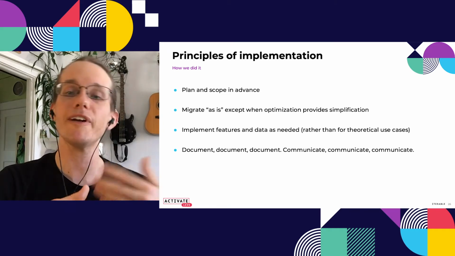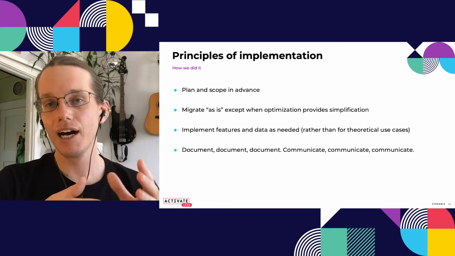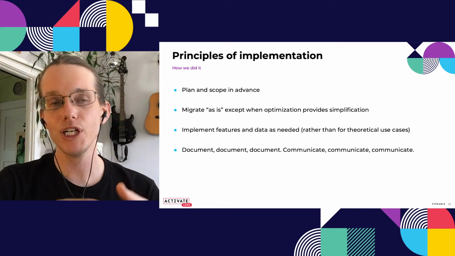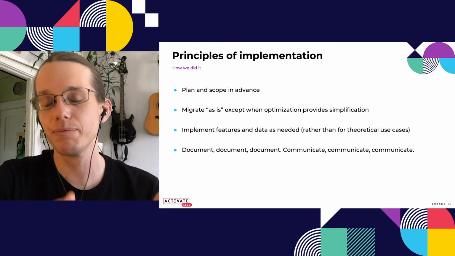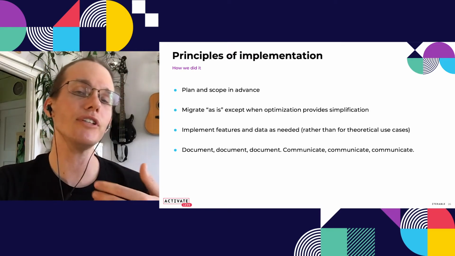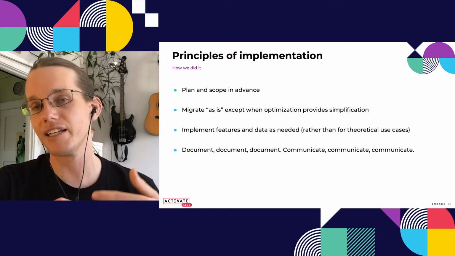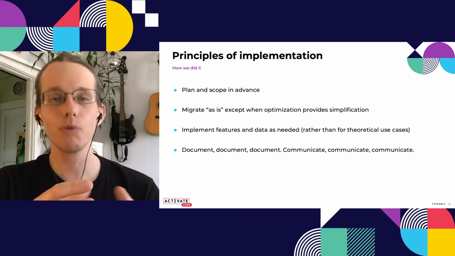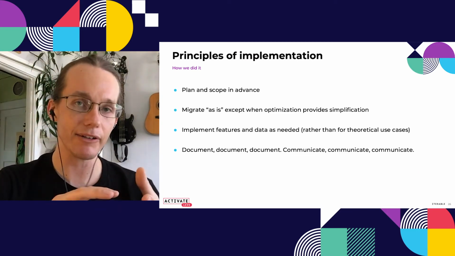Also, we focused on implementing features and data as needed. So rather than saying, we might need this data later, let's implement it now, we held off and we only implemented user profile and event data in Iterable when it supported a specific email that we were migrating.